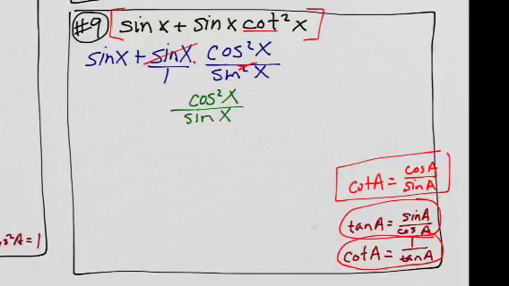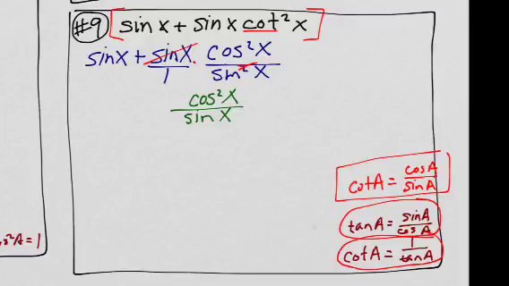So notice in the numerator we have cosine squared, and in the denominator a single sine x. You would think that would be a problem, but we have to remember that we are adding that.